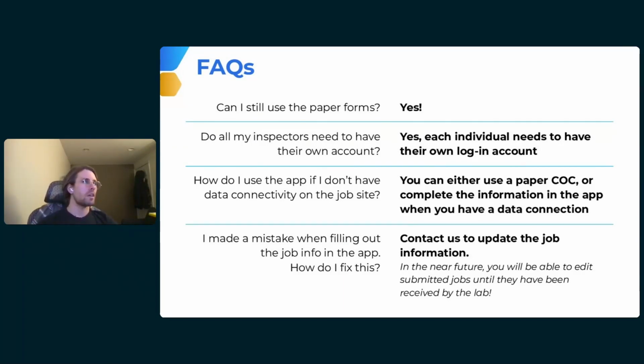The next one is, in the frame of a team leader, do all of my individual inspectors need to have their own account? The answer to that is, if you plan to use the app, every person who's doing the sampling or doing the inspection will need to have their own account. That's because the inspector information that gets added to the report and tracked with the samples is tied to the credentials that were logged in and submitted that job.